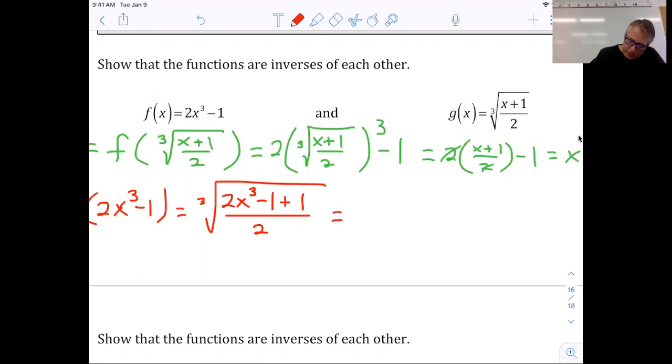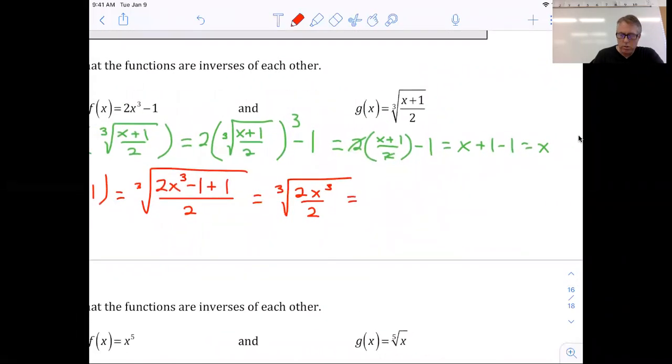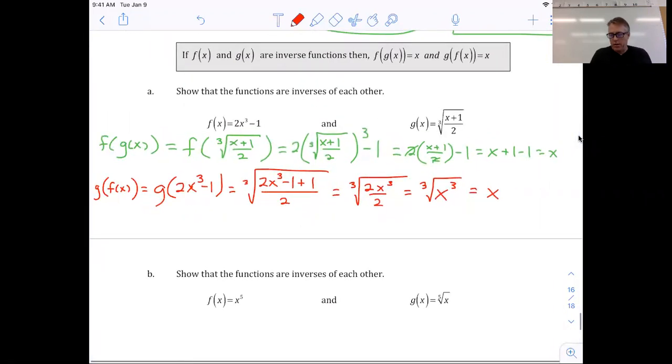Well, when we're simplifying that, we have minus 1 plus 1. Those guys are going to cancel out. So we have the cube root of 2x cubed over 2, which is going to be the cube root of x cubed, because the 2's cancel. And then that's just x.